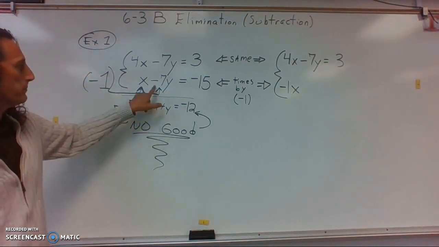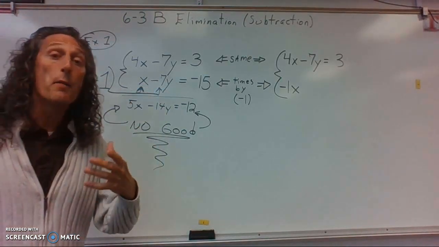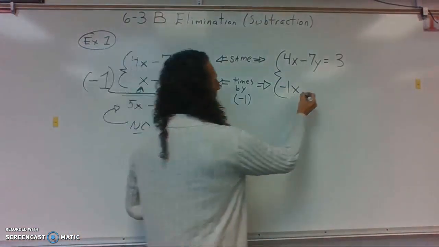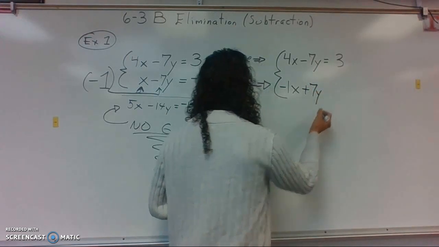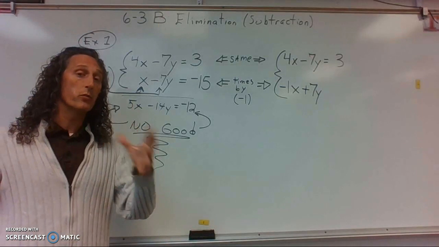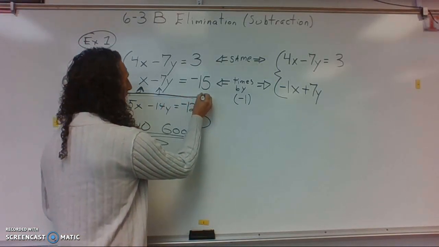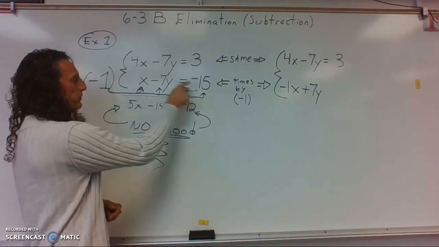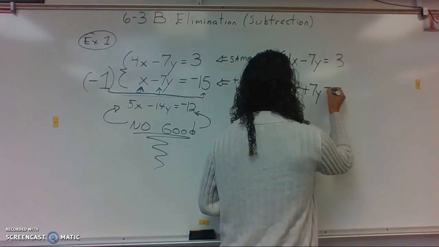I'm going to times it by negative 7. Well, a negative times a negative makes a positive 7. So here's my positive 7. And then again, remember, in algebra, if you do it to one thing, you've got to do it to everything. So I'm going to take it even way past the equal sign and times the negative 1 times the negative 15, and that will change it to positive.